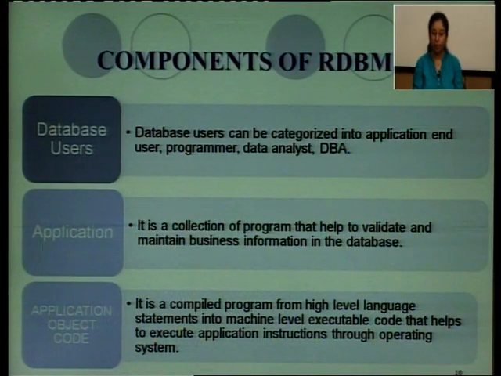Then the application is a collection of programs that help to validate and maintain the business information in the database. Next, application object code is a compiled program from high level language statements into machine level executable code that helps to execute application instructions through the operating system.